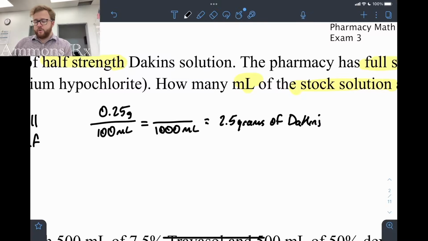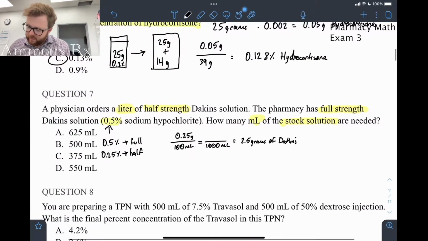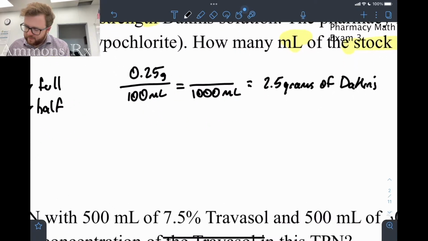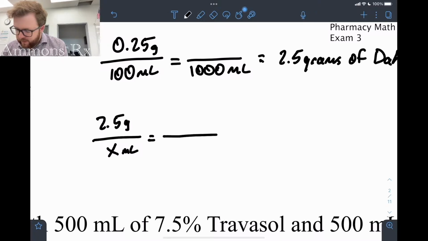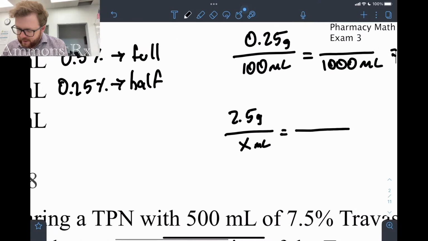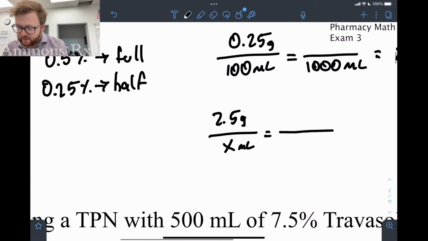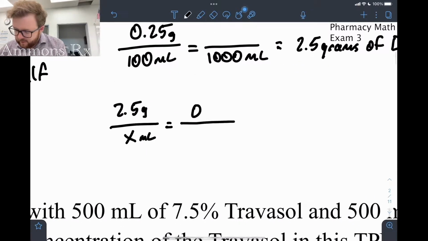But we don't have pure Dakins. What solution do we have? We have half strength. So we need to say we need 2.5 grams. We don't know how many mils, but we know that our half strength solution, because it's 0.5%, it's going to be 0.5 grams over 100 mils.